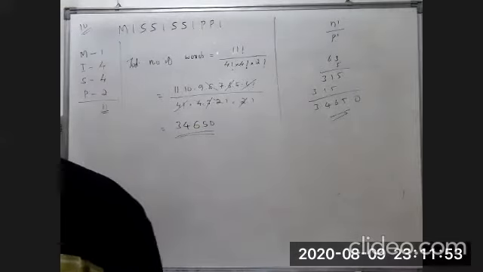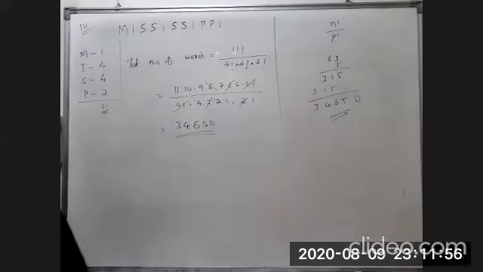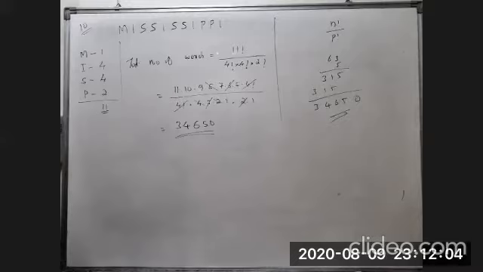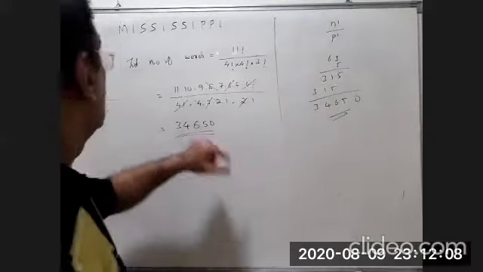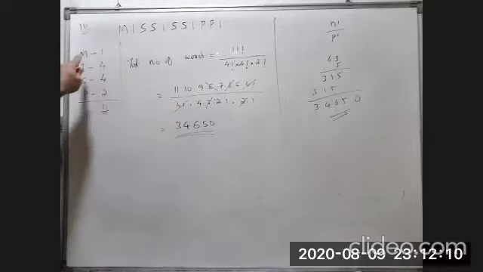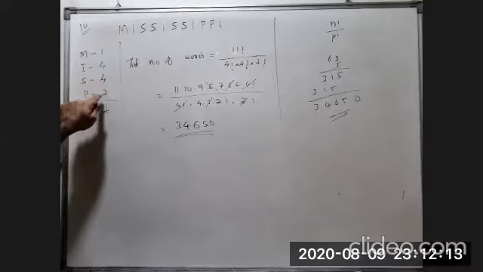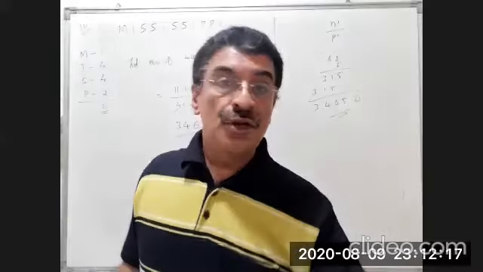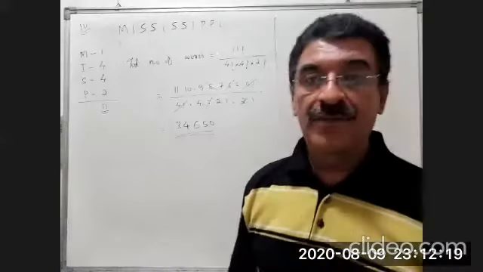See, to find the total number of words, we use n factorial by p factorial. Total of 11 letters. Of these 11 letters, we have seen 4 I's, 4 S's, 2 P's coming together. Now, the question is not to find the total number of words.